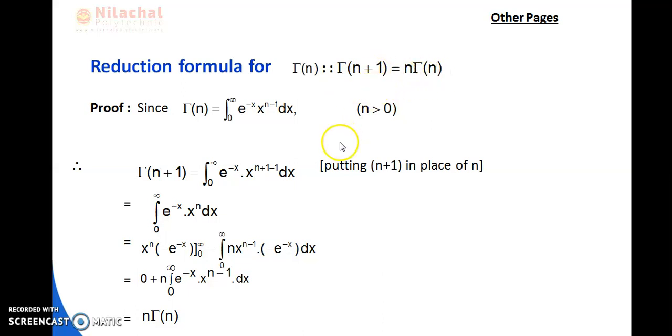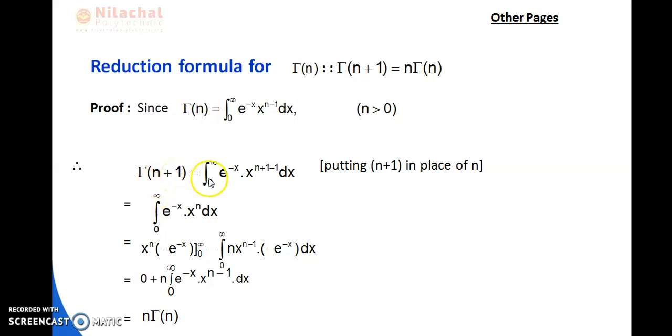So let us prove this one. Suppose we know the gamma of n definition is the integration from 0 to infinity of e to the power minus x, x to the power n minus 1 dx. Here we'll start with our left hand side, that is gamma of n plus 1. So gamma of n plus 1 equals, we will replace n with n plus 1.